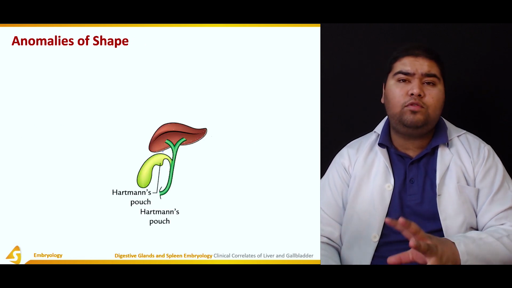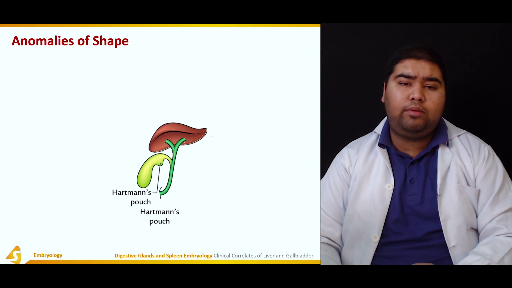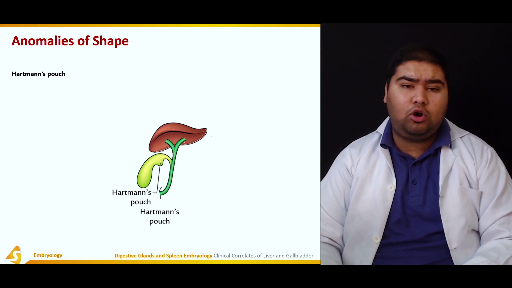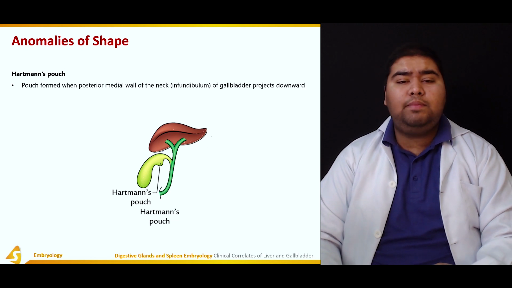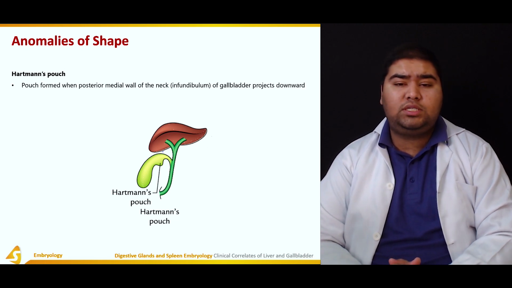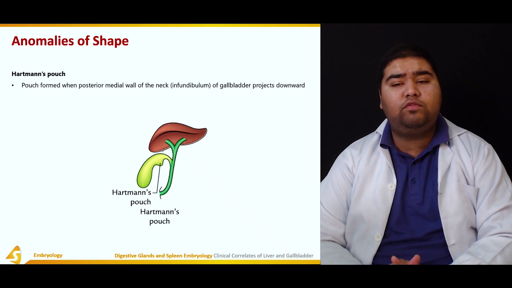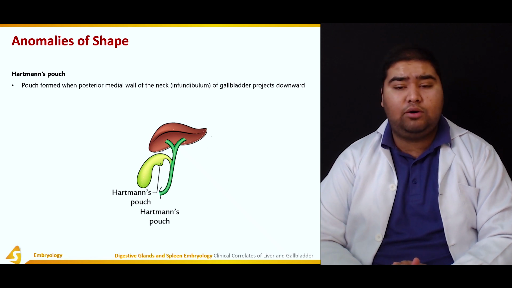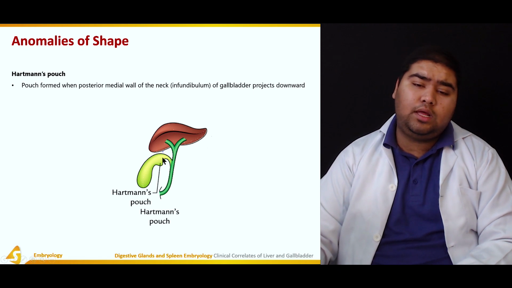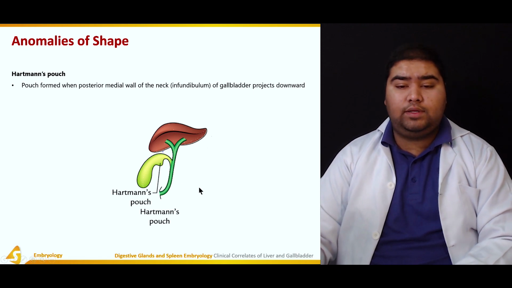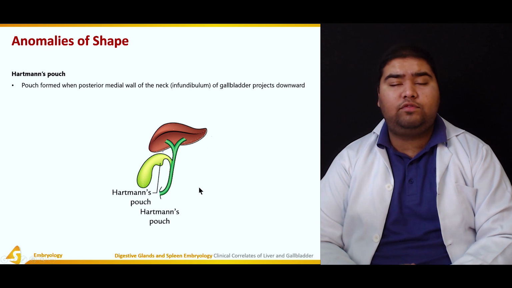So now we move on to the anomalies of shape in the gallbladder. So a Hartmann's pouch. Hartmann's pouch is formed when the posterior medial wall of the neck of the gallbladder projects downward. So this is the posterior medial wall of the neck of the gallbladder.